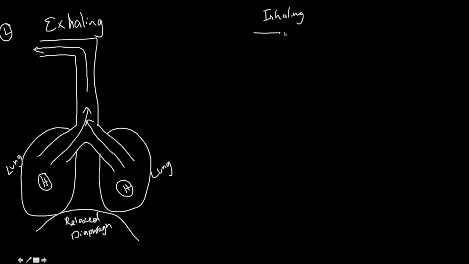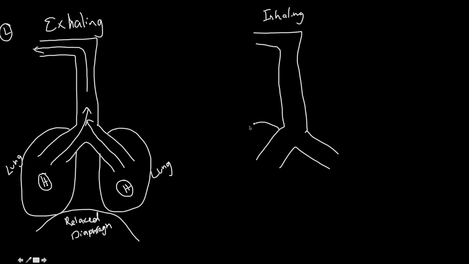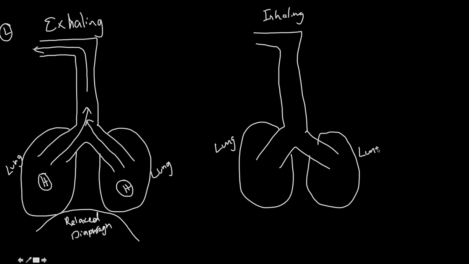Okay? So here we're going to draw the same diagram to start: the tubes that lead into the lungs, and then one lung here, and one lung here. And this time we're going to draw the diaphragm contracted. So it's not pushing up into the thoracic cavity, so this is a contracted diaphragm.